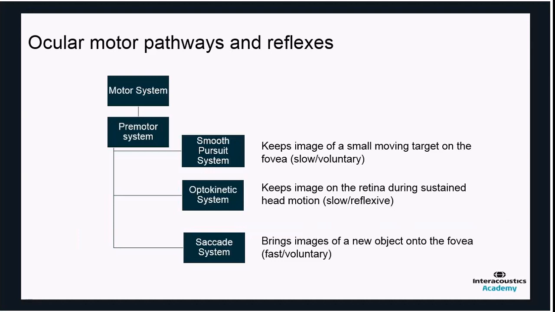This allows us to keep an image of a new object again on the fovea. However, it initiates much faster reactions and faster eye movements. Again, we can have a look and recap on the purpose of the patient's ability to look at fast eye movements, and this looks at these back and forth movements in the vertical and horizontal plane.